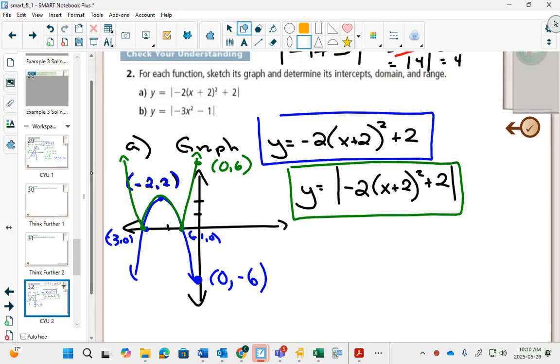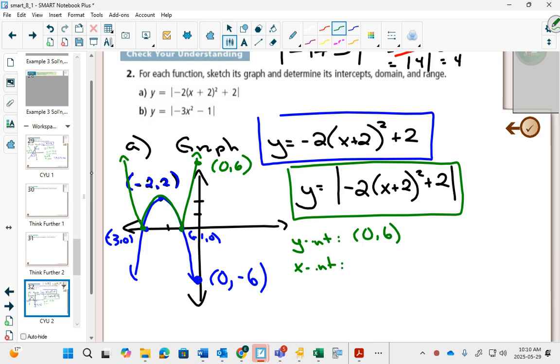So now that we've graphed it, it asks us to find the intercepts. On our green graph, we have a y-intercept at 0, +6. We have x-intercepts at -3, 0 and -1, 0. Our domain is still everything, and our range, our y values, are bigger than or equal to 0.